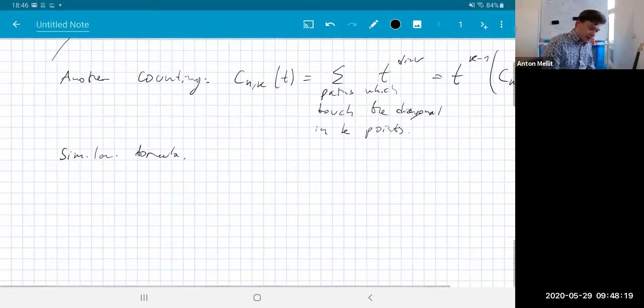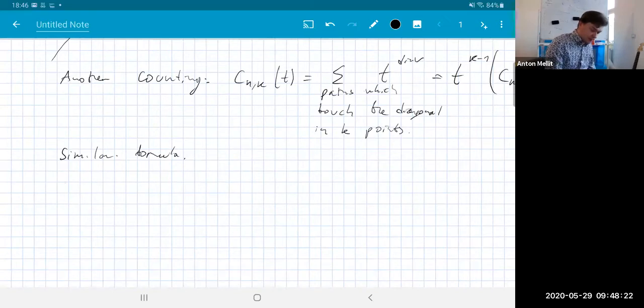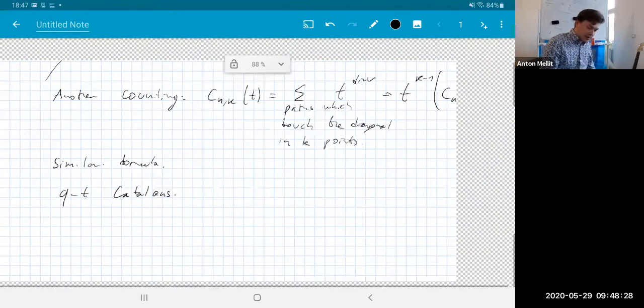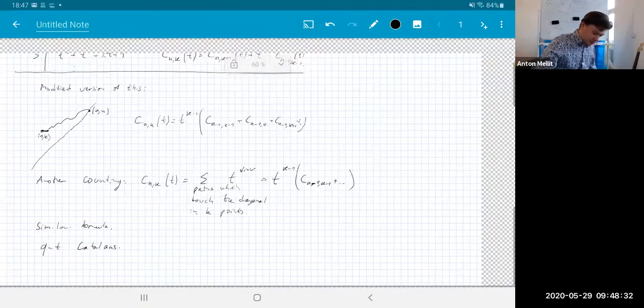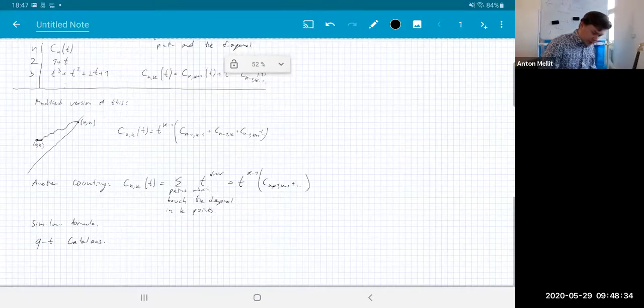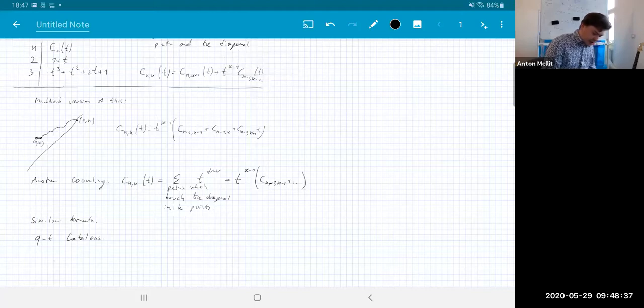So the Qt Catalans look as follows. It's again a similar kind of enumeration, and I wanted to compare the T Catalans and Qt Catalans. That's why I showed them both.